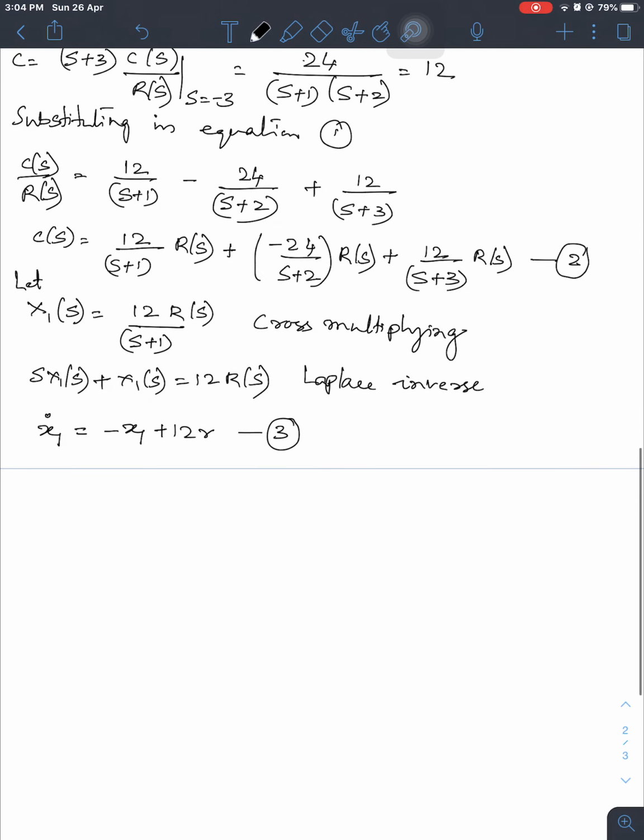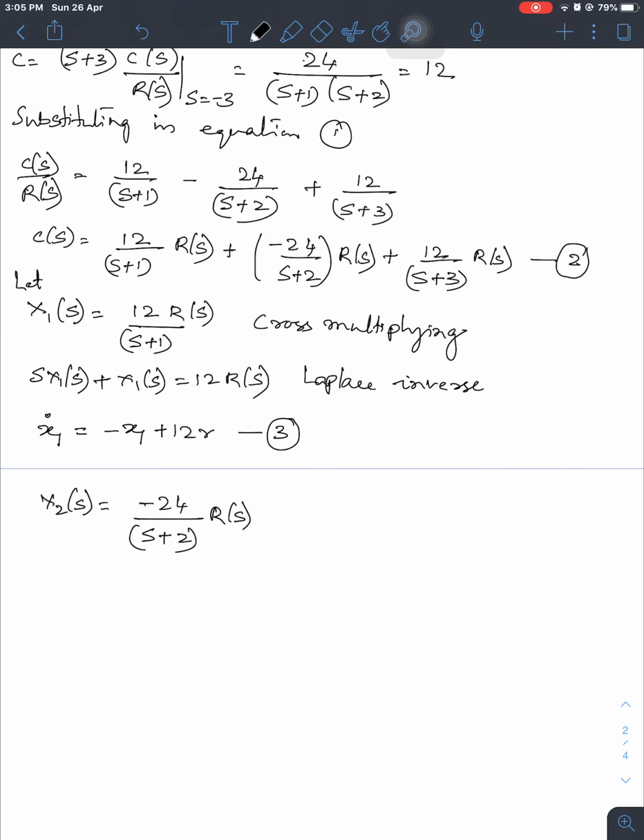Now similarly we will do with the other things. We will identify the second term, that is X2, as X2(s) is equal to minus 24/(s+2) into R(s).